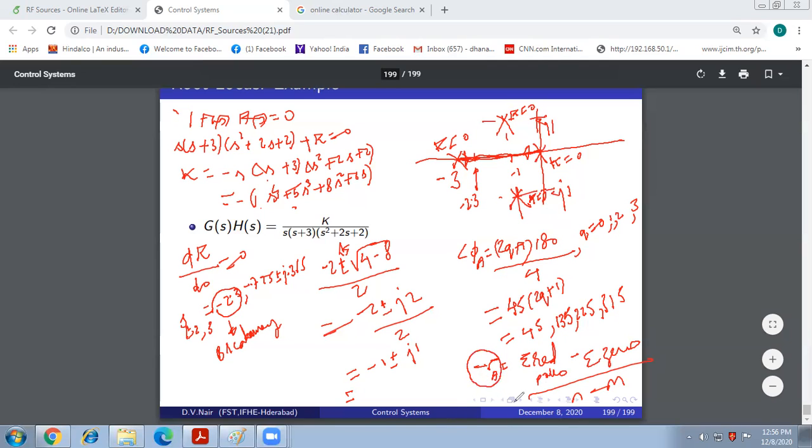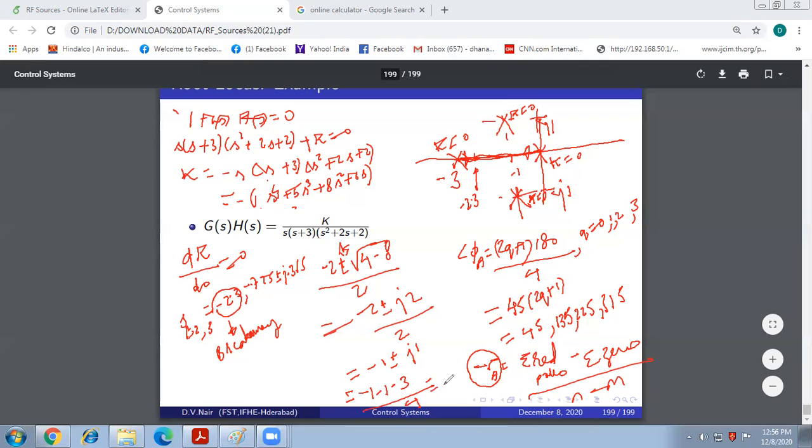Since all are real terms involved here, real parts of poles, what we have, two complex poles have real part given by minus 1. So it will be minus 1, minus 1, minus 1, then minus 3, divided by 4.